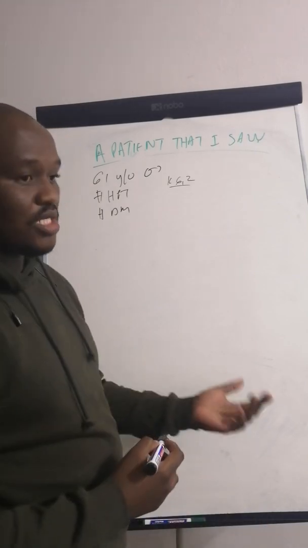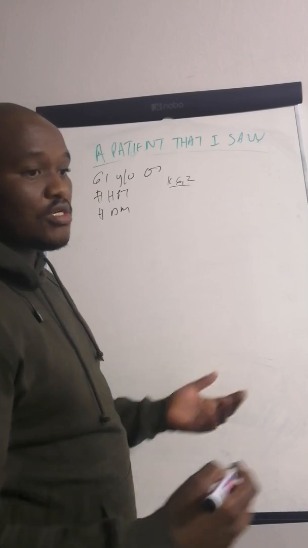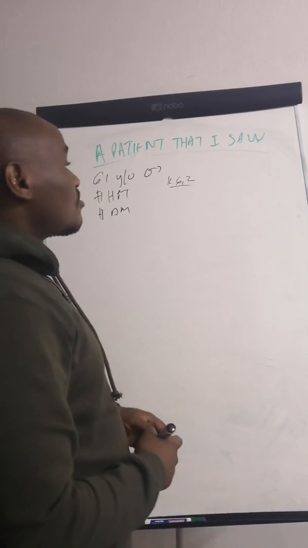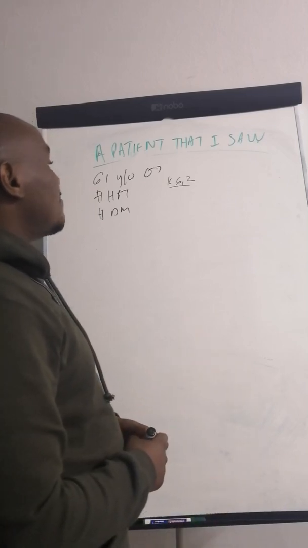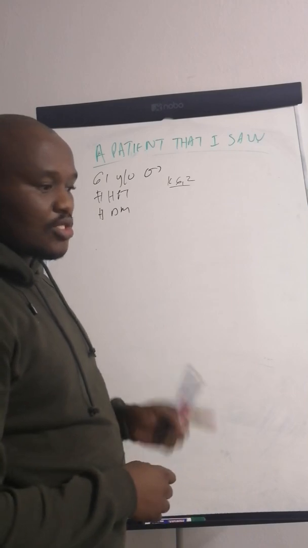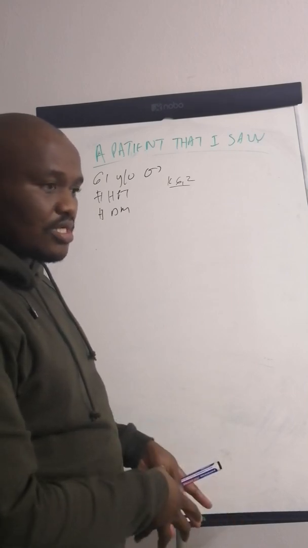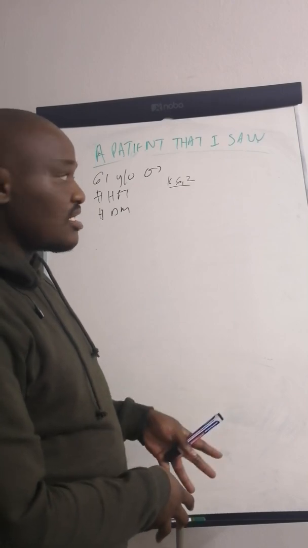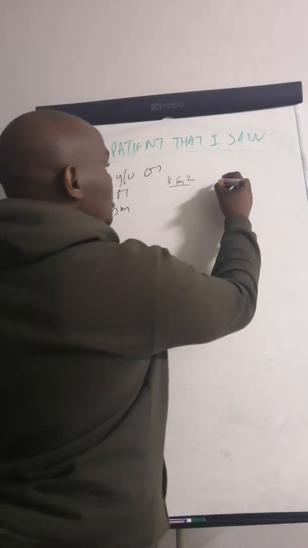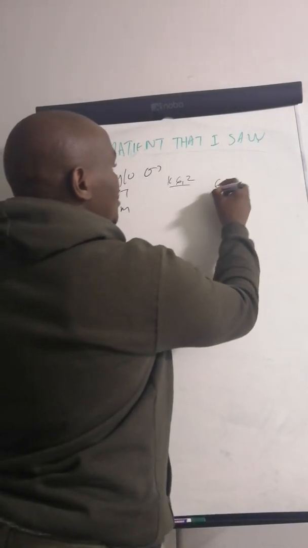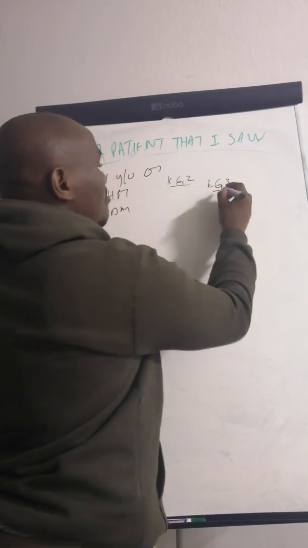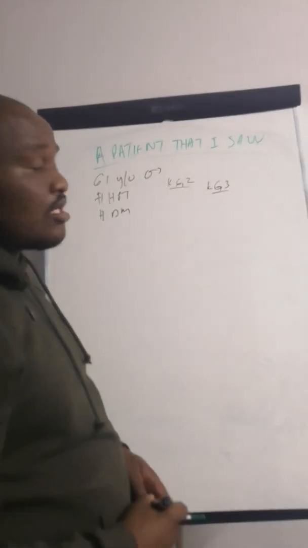And then I went and I saw the patient. I took the patient to casualty. He was walking, he was talking. When I got to casualty, I flipped back and I saw that this patient was seen at the clinic last week, and the doctor at the clinic saw that he was having hyperkalemia of 6.3.